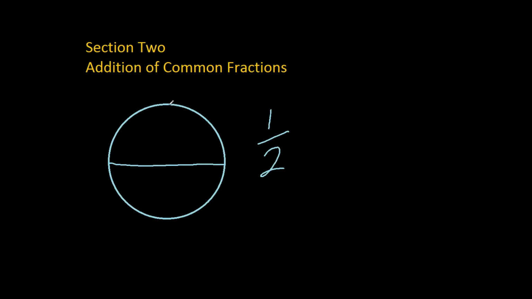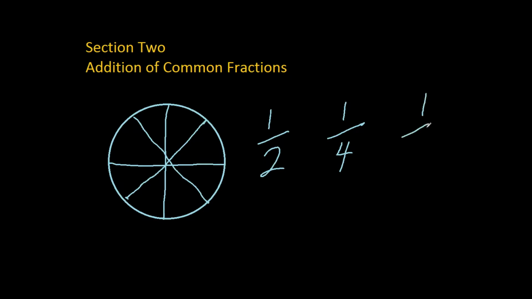If I divide it again, that 1 is divided by 4, or divided into 4 separate pieces. If we were to divide that yet again, that would be divided into 8 separate sections.